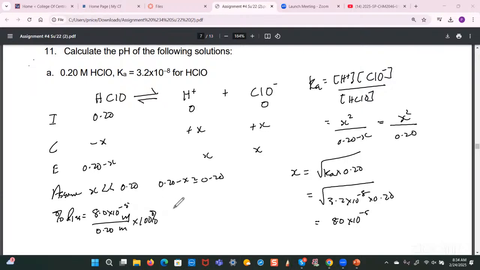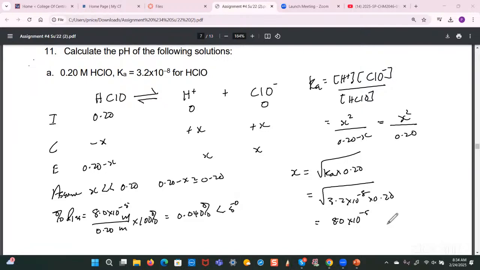I can tell this will be less than 5%, which is the criterion that we use. 8 times 10 to the minus 5 divided by 0.2 is 4 times 10 to the minus 4, times 100, so that would be 0.040%, which is obviously less than 5%.